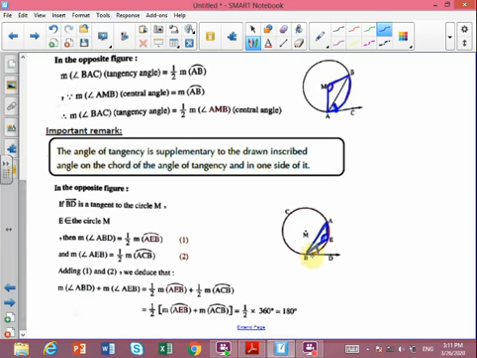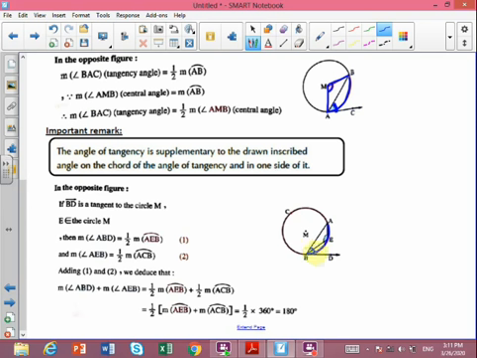Because here, if BD is a tangent to circle M, and we look at angle ABD, where is ABD? This angle equals what? Angle ABD equals half arc AEB, or the minor arc AB.